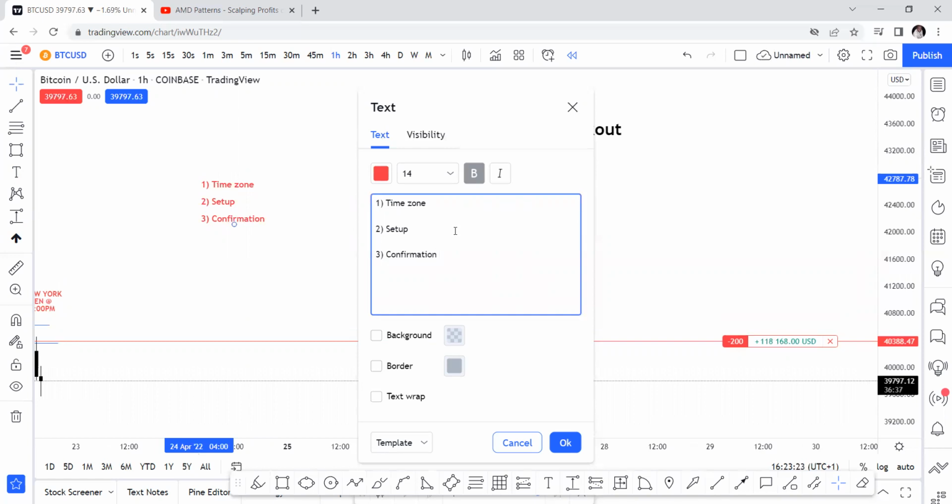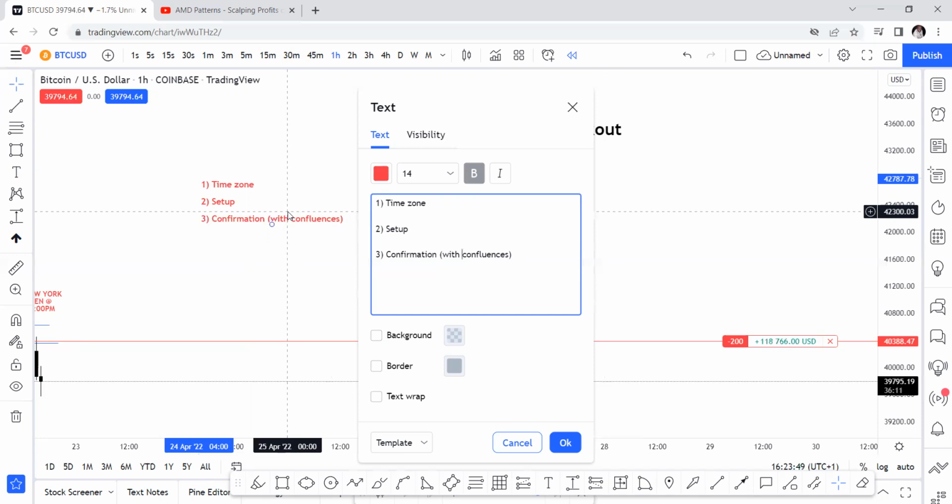Confirmation, you may have to do with a lot of confluences. It's optional according to you, but I prefer to do that.